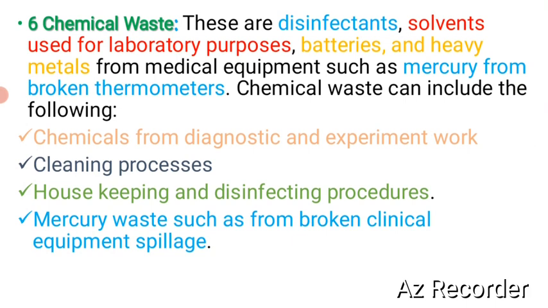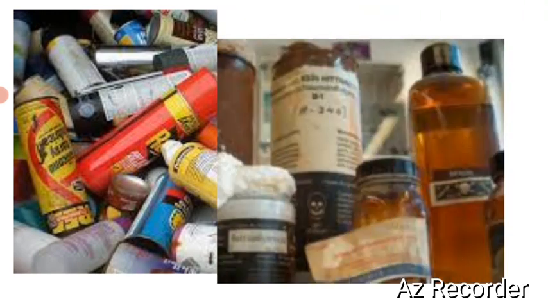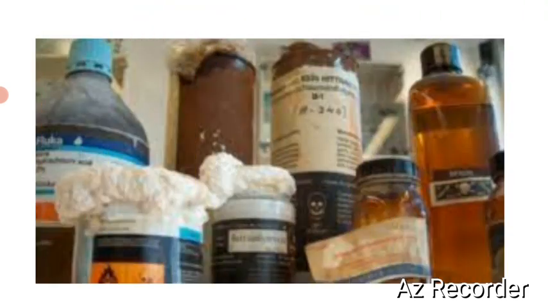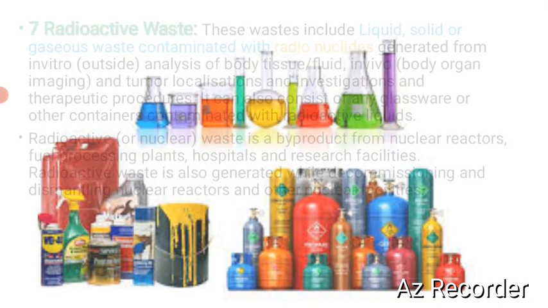Chemical waste can include the following: chemicals from diagnostic and experimental work, cleaning processes, housekeeping and disinfecting procedures, and mercury waste such as from broken equipment spillage. So those are chemical wastes. Those are also chemical wastes.